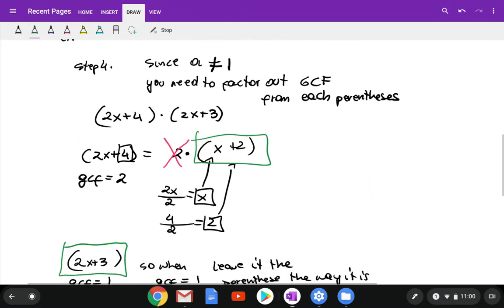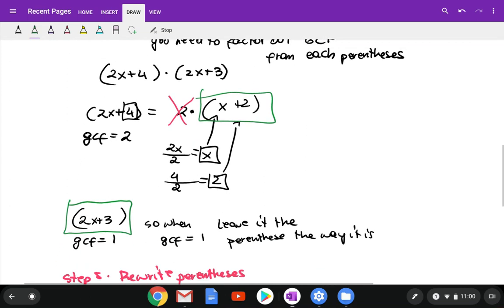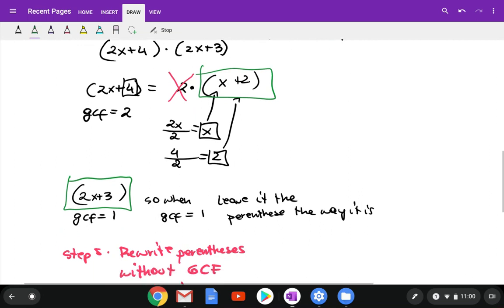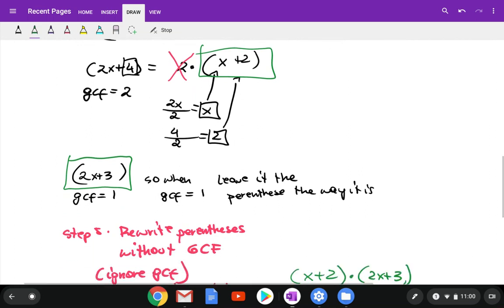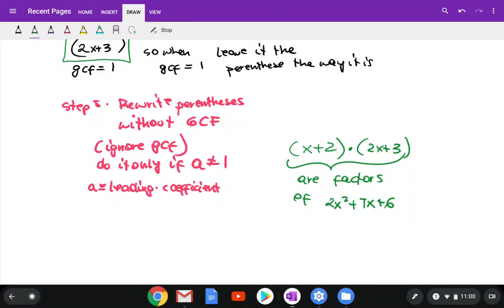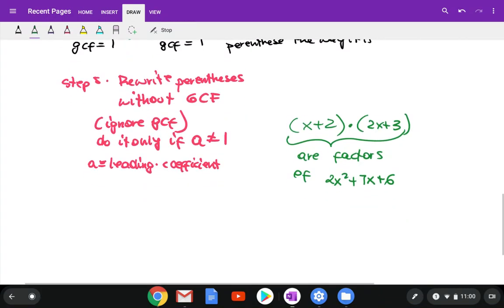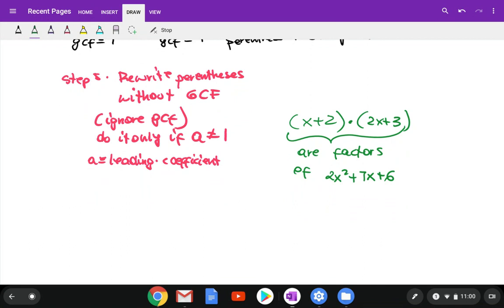And then in your final solution, you ignore that GCF, so you're not writing it. Like you see, I ignore that 2, and that 2x plus 4, I rewrite only as x plus 2. Why are we ignoring? I'm not going to prove why, but this is an algorithm which will help you factor any type of quadratic equation.